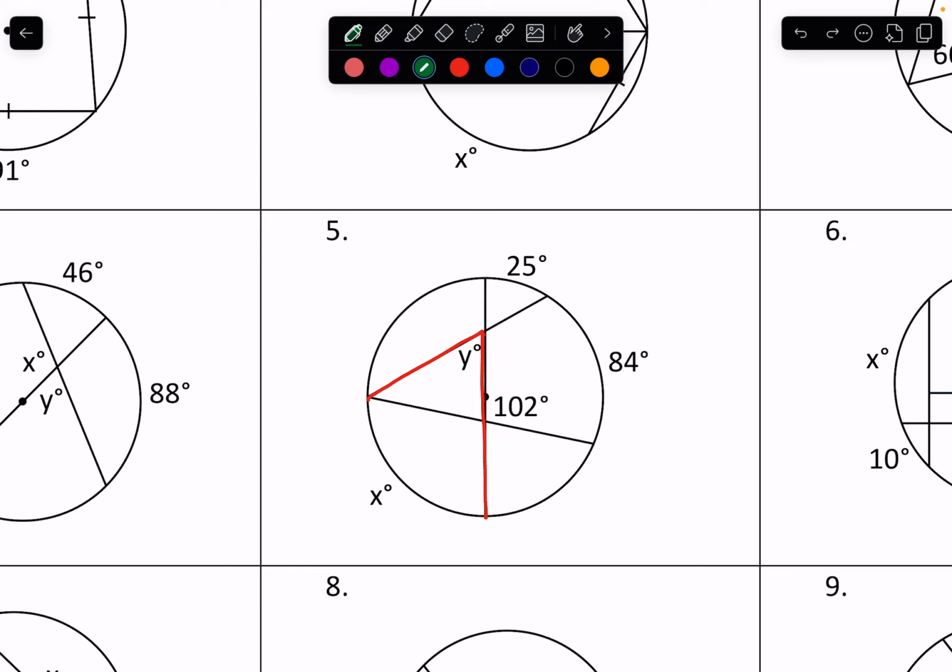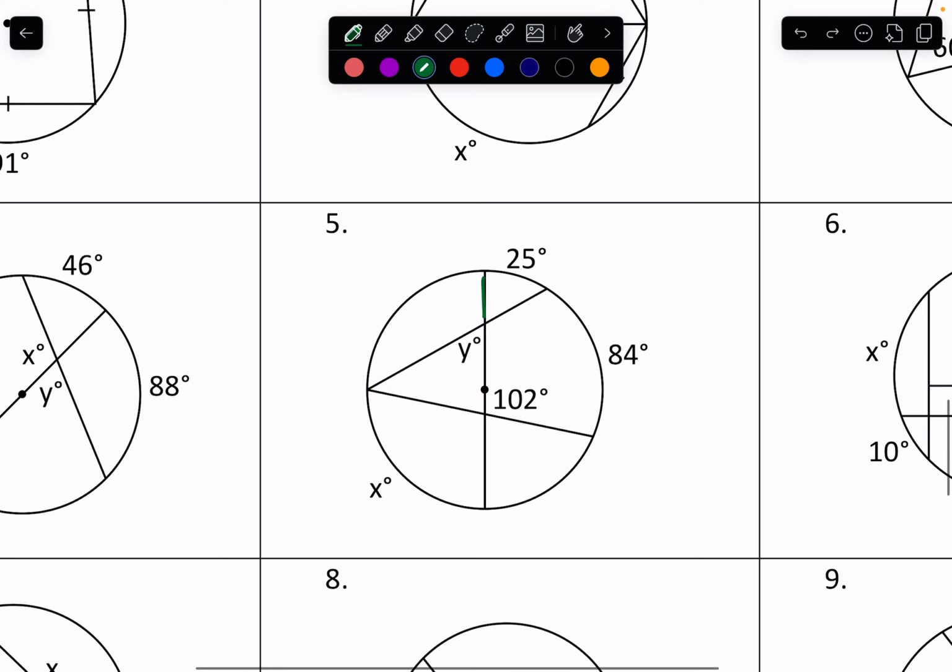So there's a lot of stuff going on in this picture. You've got this chord intersecting this chord, and then you've got that same chord intersecting this one, and then you've got this one also intersecting this one. So there's a lot of different things going on.